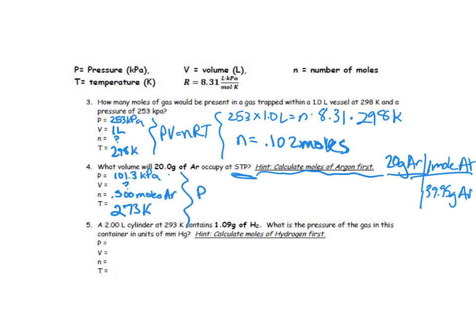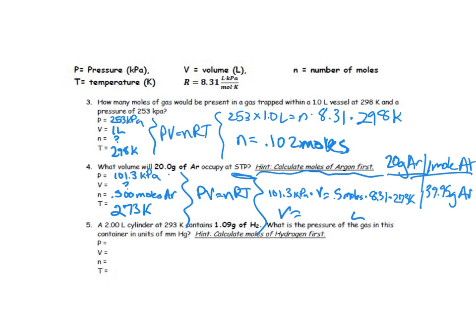We'll be using the ideal gas law equation again, substituting our values: 101.3 kPa times volume equals 0.5 moles times 8.31 times 273 K. And then you solve for your V just like we did before, and you know your answers are going to be in liters.